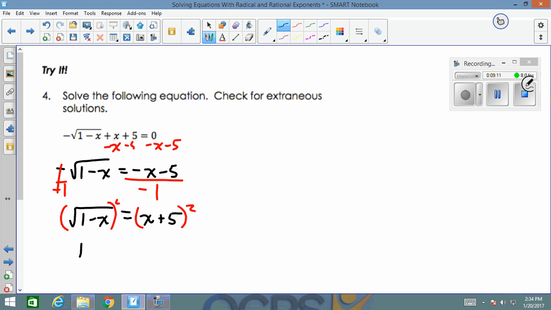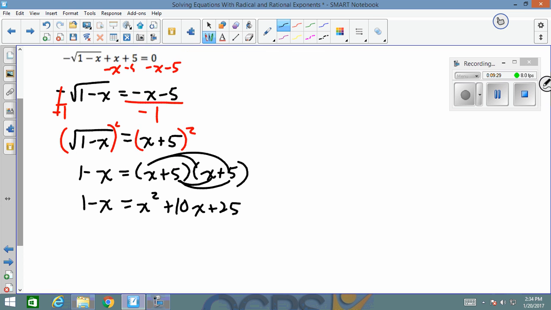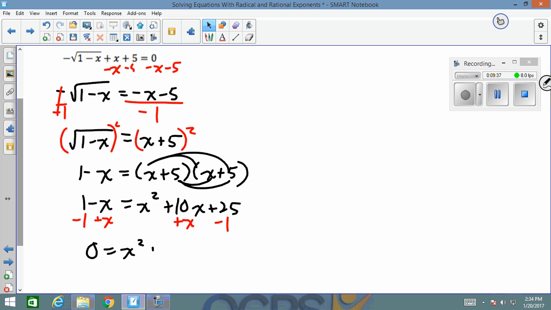So you get 1 minus x equals x plus 5 times x plus 5. Distribute using the FOIL. So it's 1 minus x equals x squared plus 10x plus 25. Move your 1 and your x to the other side. So you get 0 equals x squared plus 11x plus 24.